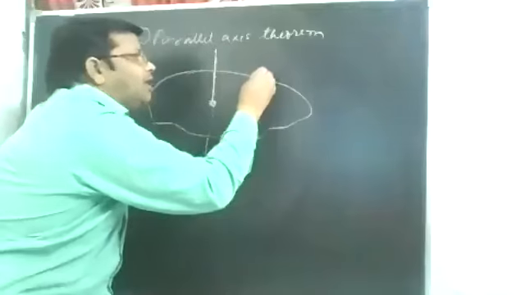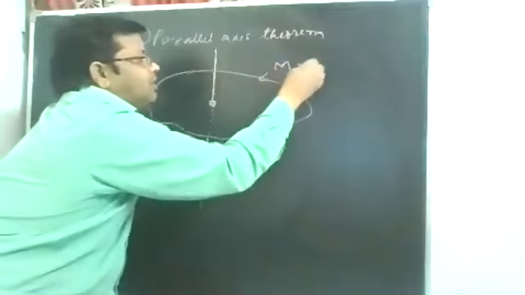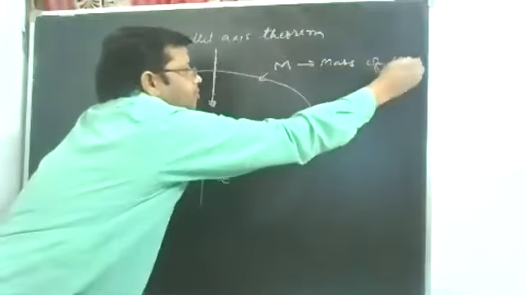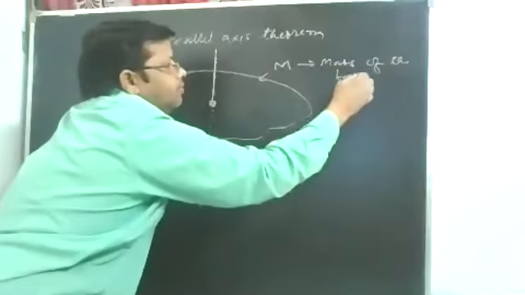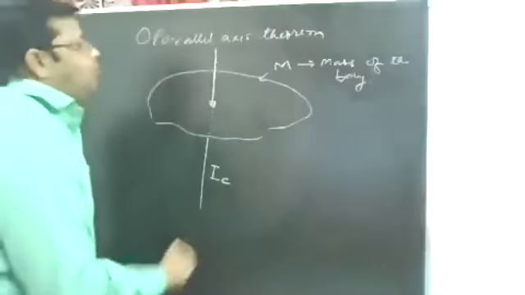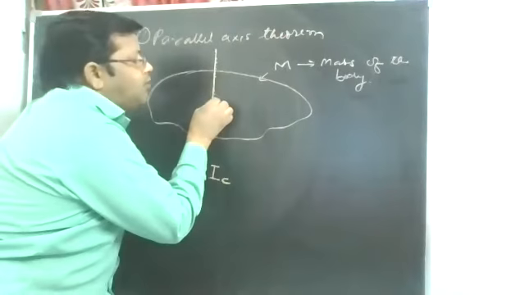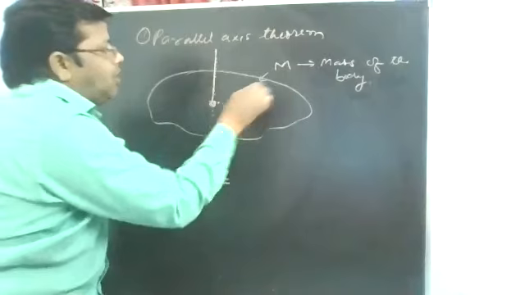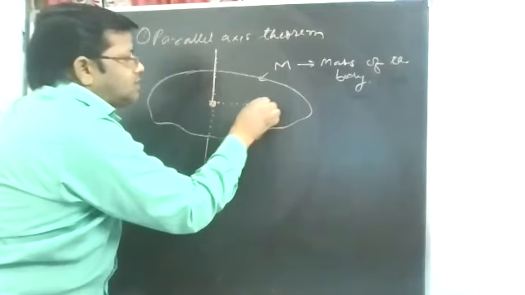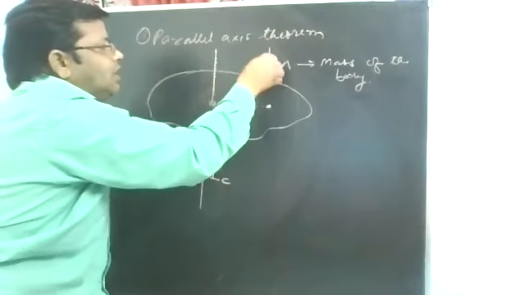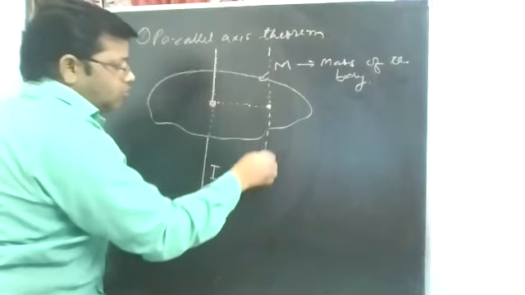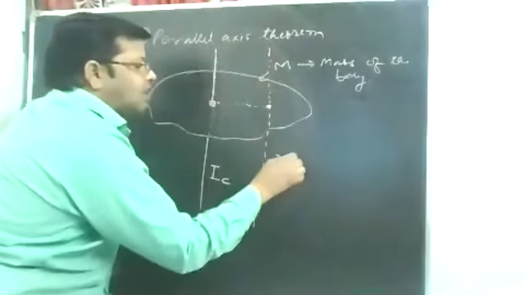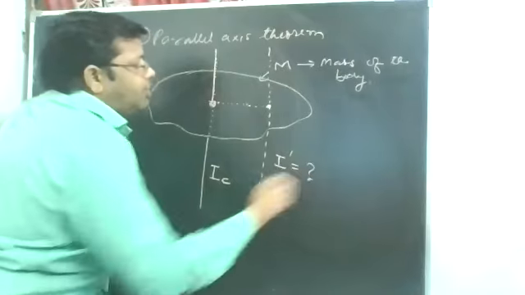M is the mass of the body. Now, if we want to find the moment of inertia of this same body, this lamina, about this axis, which is parallel to the axis passing through the center of mass, this is the axis about which we want to find the moment of inertia.